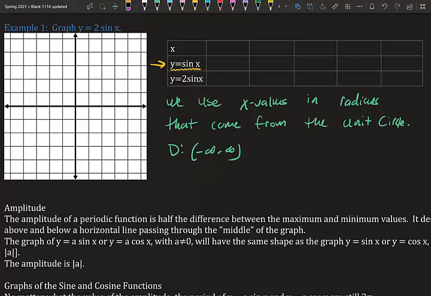So on the unit circle, we have 0, pi over 2, pi, 3 pi over 2, and 2 pi. Do you notice that these are just the quadrantal angles?